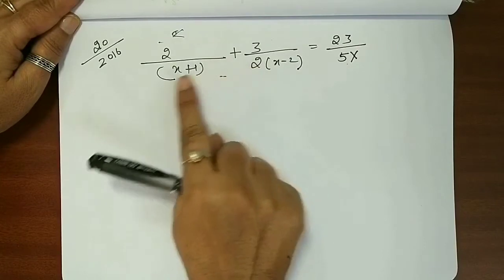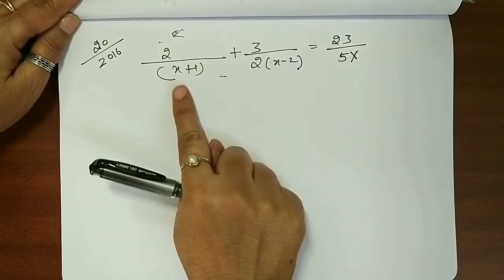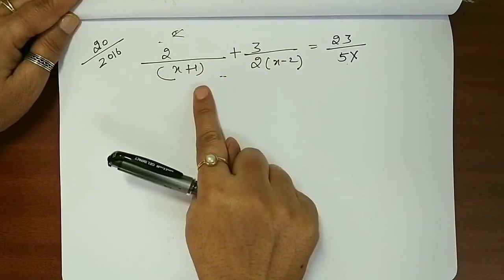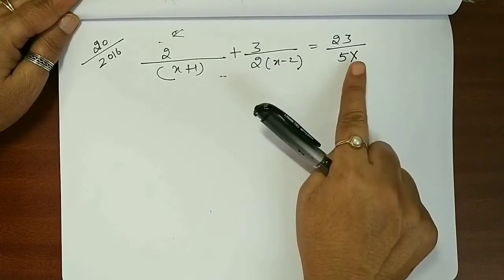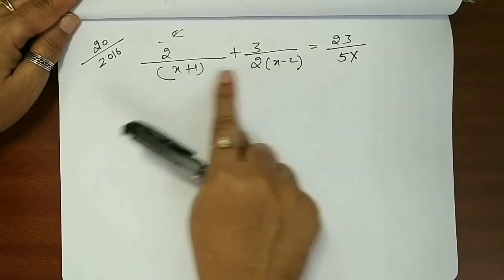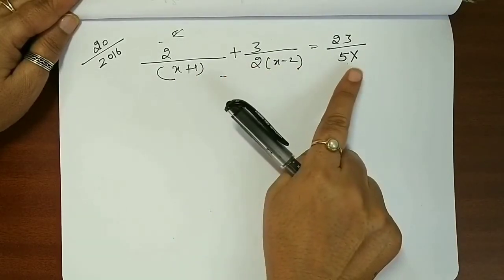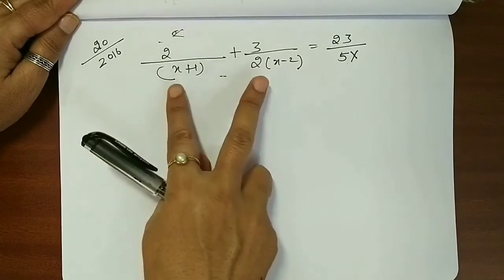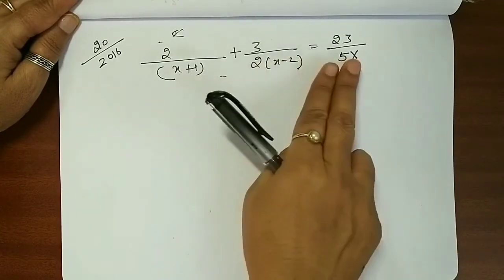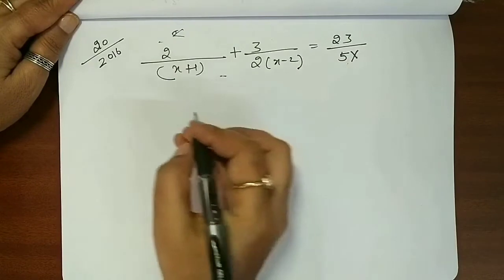Okay, here if I observe, there is nothing like I can assume t as in previous question. Another thing I can observe is that x is here also. It's not only this side, x is here also. So let me solve this side first, simplify, and then try to merge it with this.